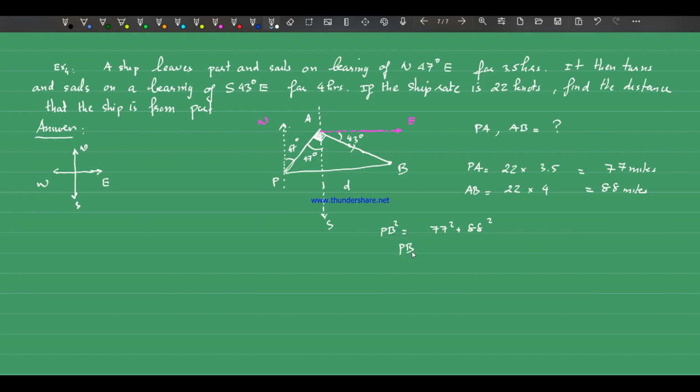So PB will be equal to the square root of 13,673, which is about 116.93 miles.